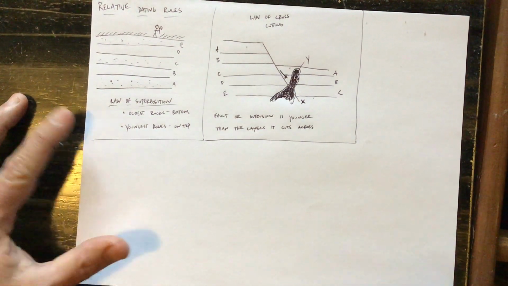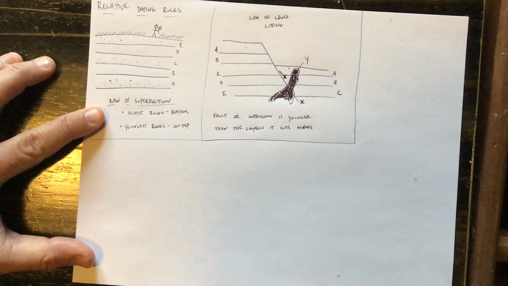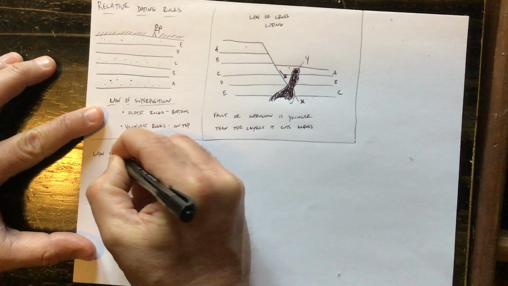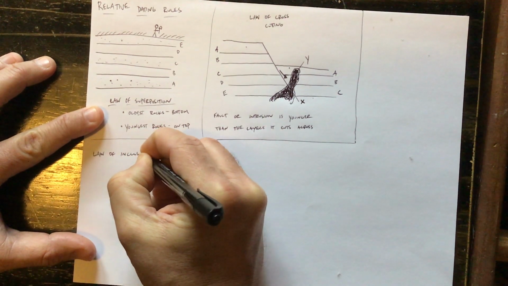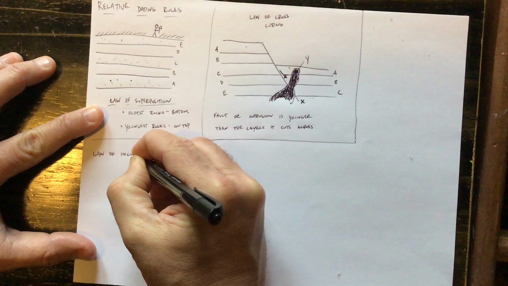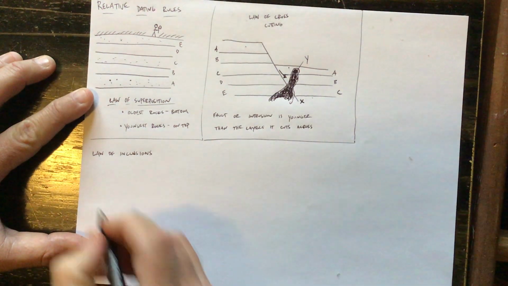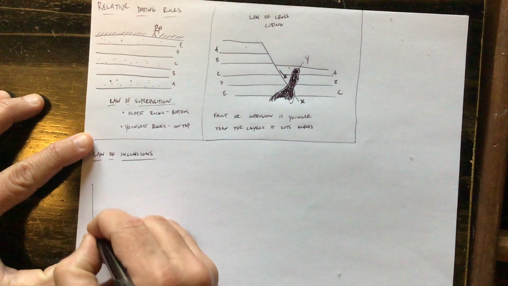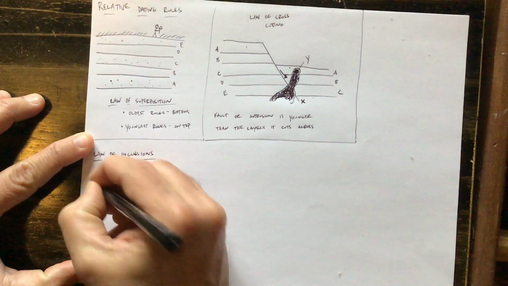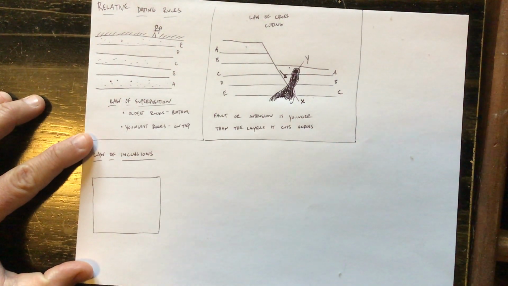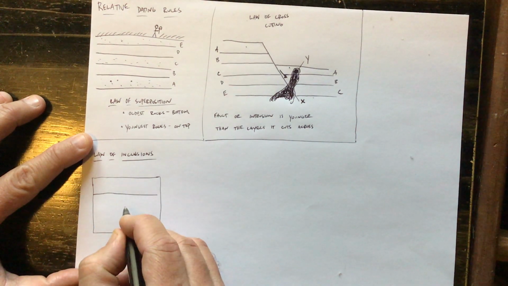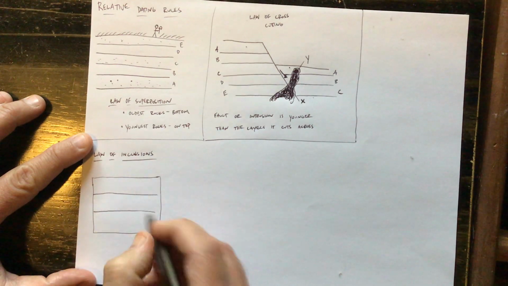We also have something called the law of inclusions. In the law of inclusions, we'll just take a section of sedimentary rocks and we'll have 3 layers.